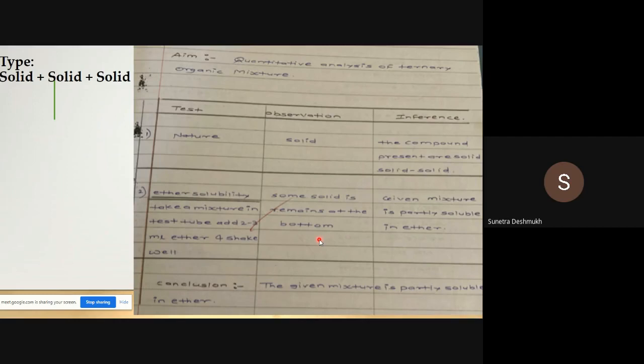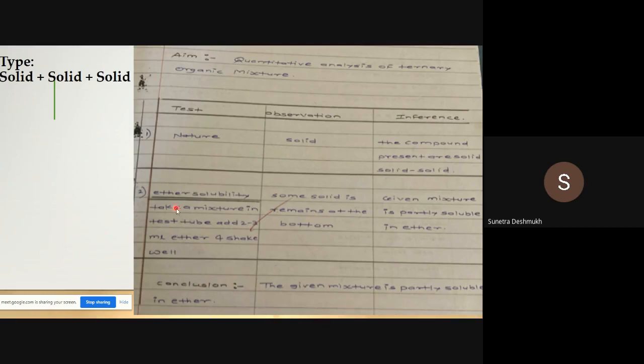Here the neutral component is ether insoluble, so it will be left behind and remain as it is in the test tube. The remaining two components, base plus acid, are soluble in ether. So you can write the conclusion: the given mixture is partly soluble in ether.